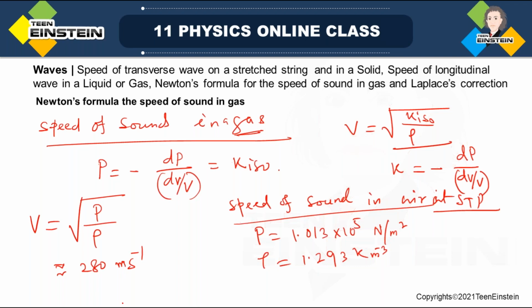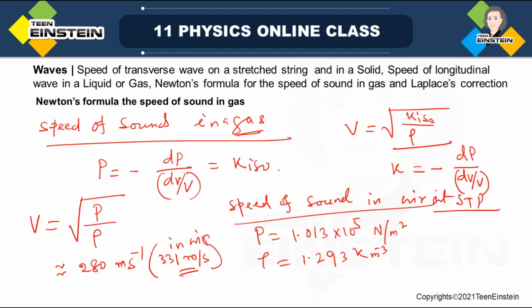But this is not the actual value which you get experimentally. This does not agree with the experimental value of the speed of sound in air, that is 330 or 331 meters per second.